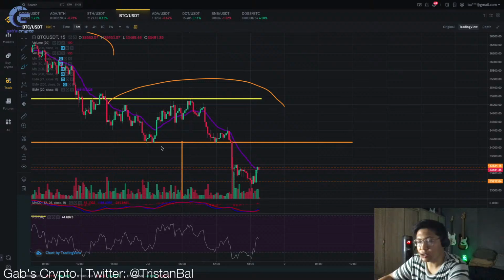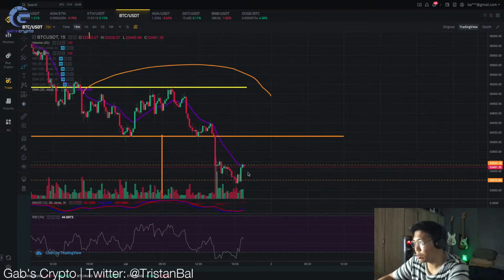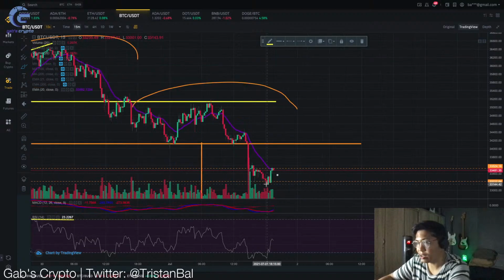So, right now, this 15-minute time frame is playing around this resistance. So makita mo na Bitcoin went down but it actually received the bounce dito sa support level natin. So nung nag-bounce siya dyan sa support level, nakakuha tayo ng rejection dito. Possibly makakuha tayo ng rejection dito sa ating 21 EMA.